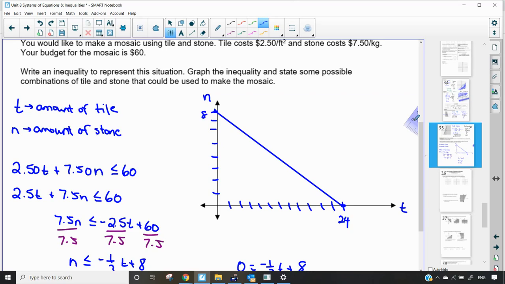Now you can probably assume which side is going to be your solution region, but we still want to take a test point just to check. So I'm going to make my test point 0, 0. And if I sub those in, I'm going to have 0 plus 0 is less than or equal to 60, which is true. So 0, 0 falls within my solution region, so I can shade this section of the graph.